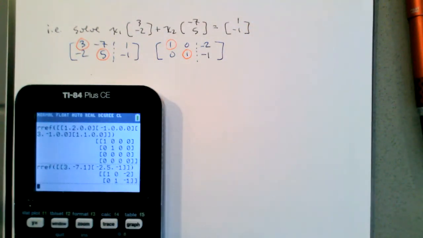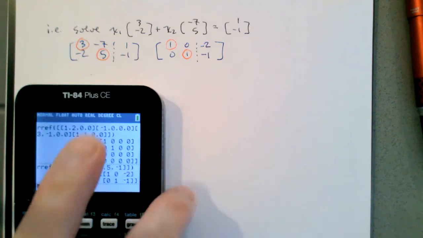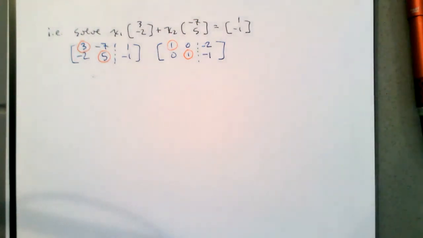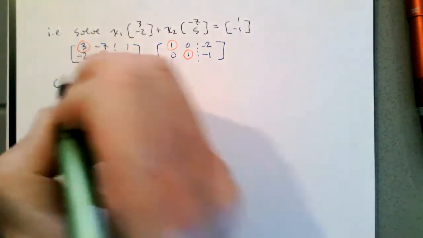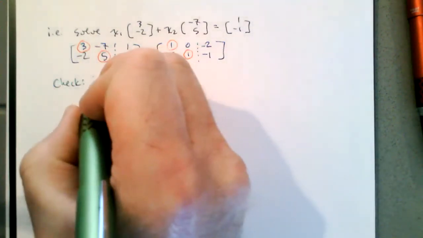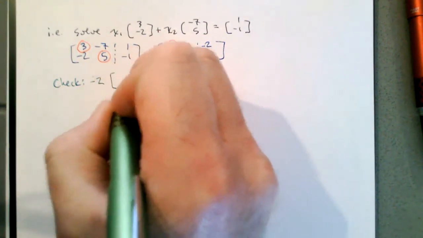What that means is if I take -2 times (3, -2), minus 1 times (-7, 5), I should come up with (1, -1). We can check that. I'm doing this because I want to reinforce the ideas that go all the way back to the beginning of this class.